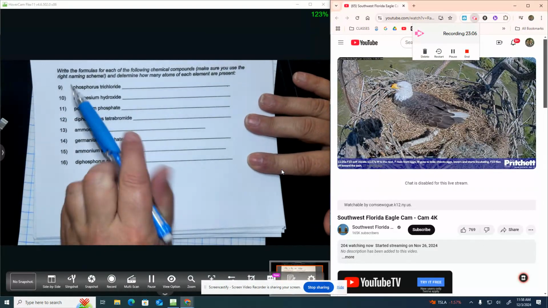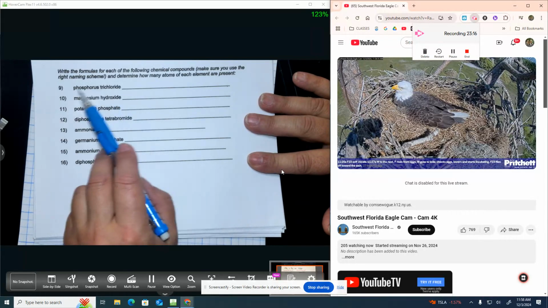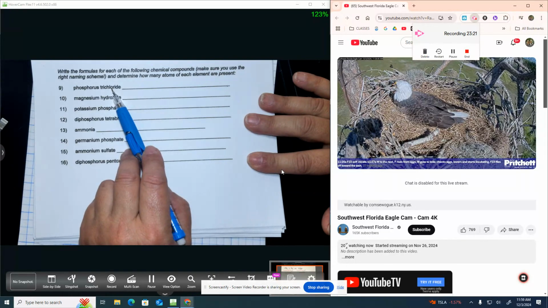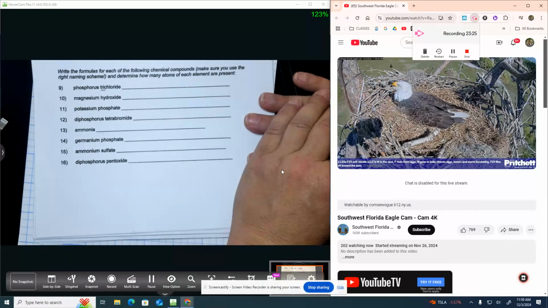All right, down here, look at this one. Is this ionic or covalent? Covalent. You've got phosphorus, which is a nonmetal, and chlorine, which is a nonmetal. Plus, you have this tri thing right here, which tells you it's being named with prefixes, so it's covalent.